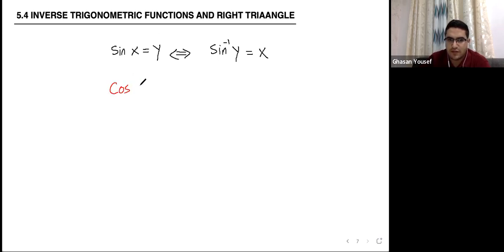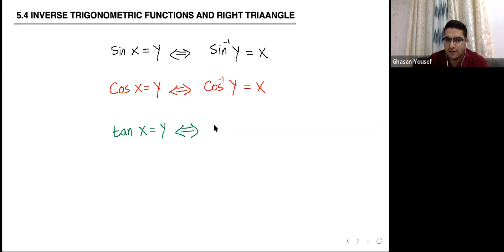If I have cosine x equals y, take the inverse for both sides, and this will give me cosine inverse of y equals x. And the same thing for the tan. The tan function, tan x equals y. If you take the inverse for both sides, you will get tan inverse of y equals x.